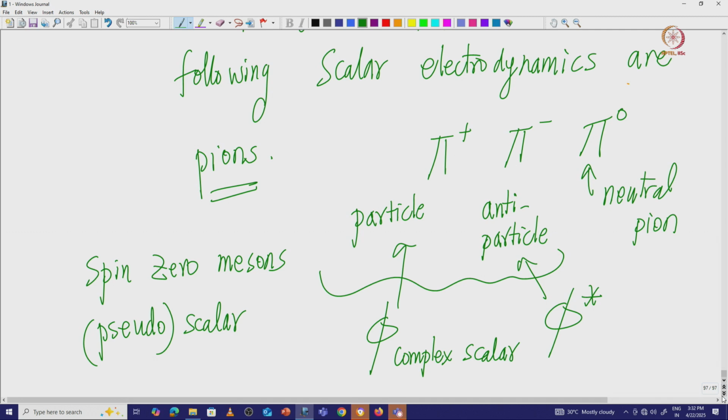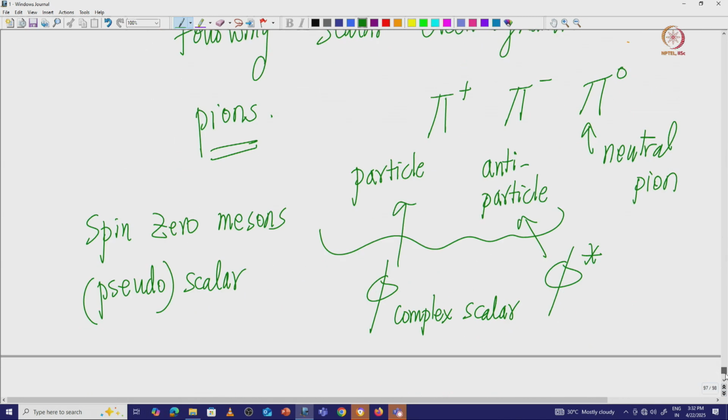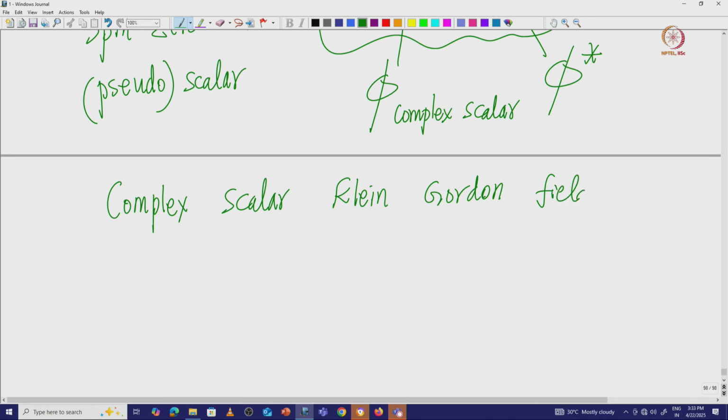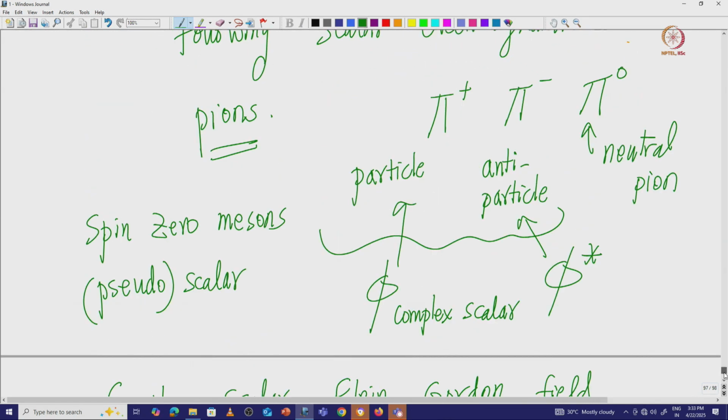So, they correspond to a charged or complex scalar Klein-Gordon field, the Klein-Gordon wave function or Klein-Gordon field essentially.